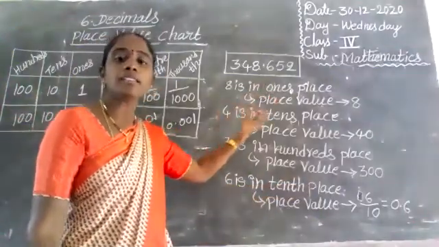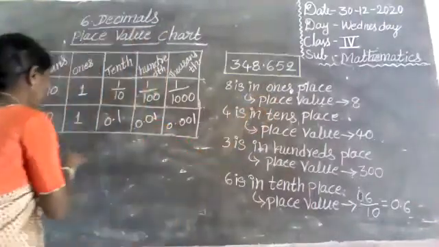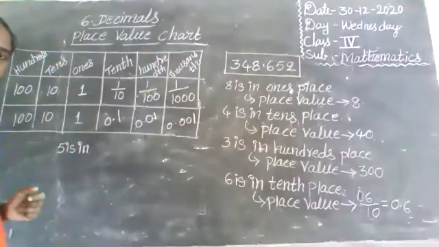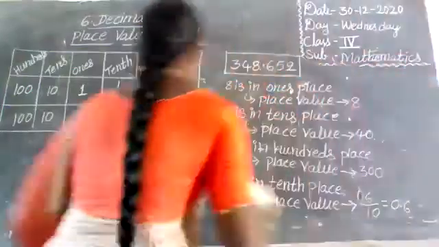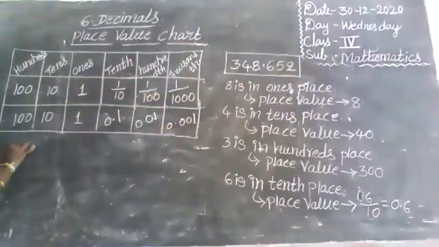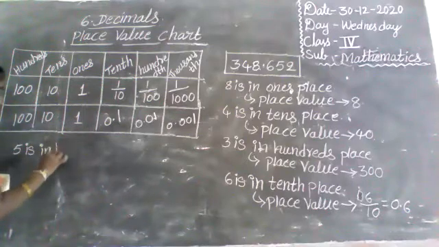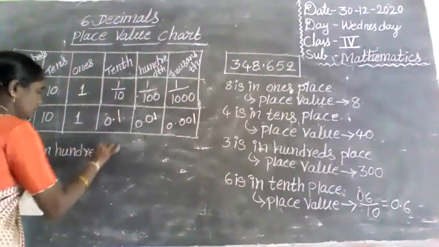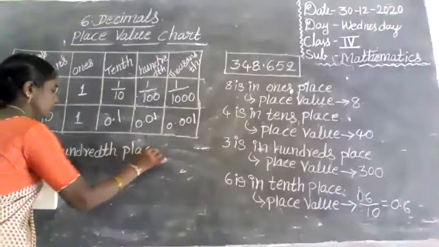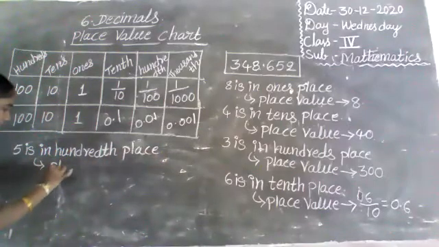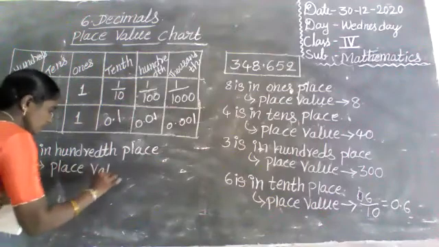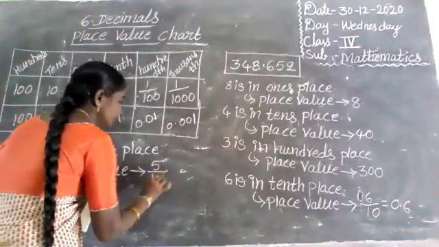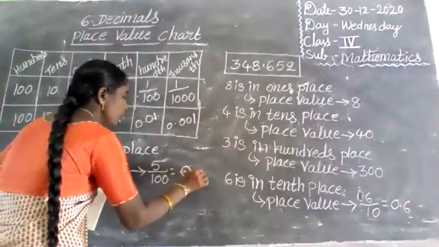Next, 5 is in the hundredth place, so the place value is 5 by 100, that is 0.05.